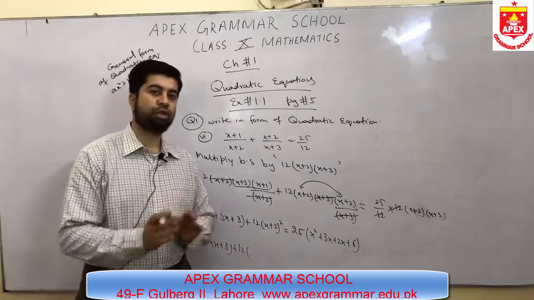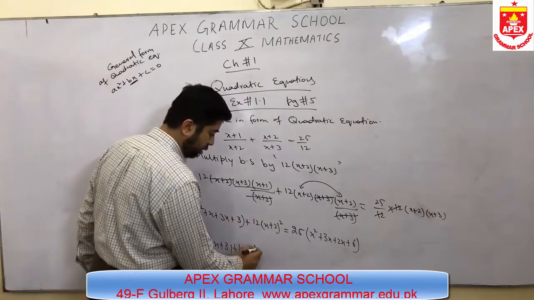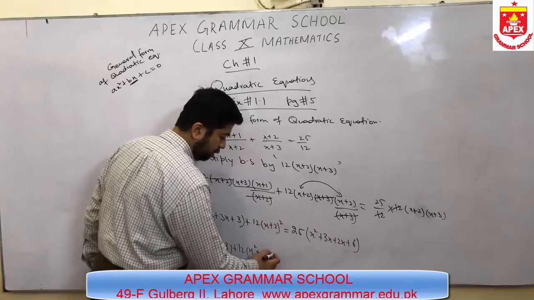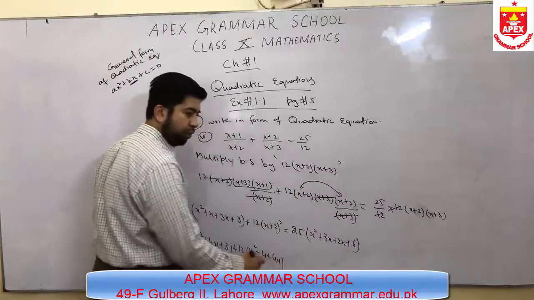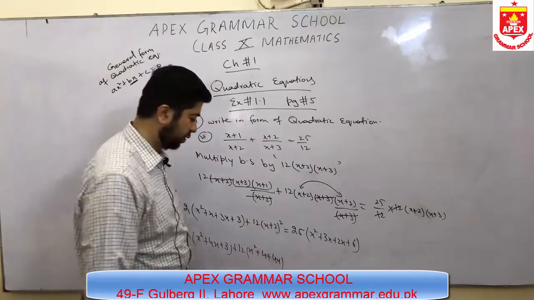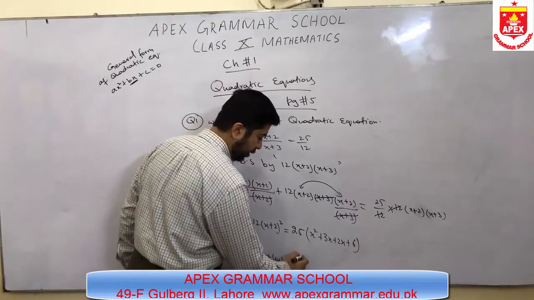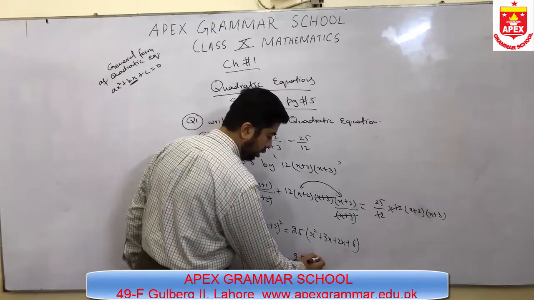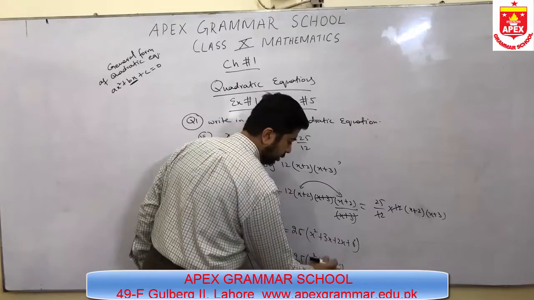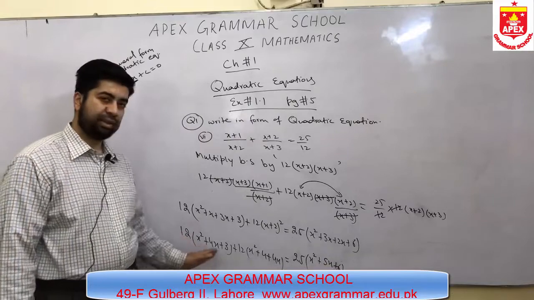You have to open this formula: a square plus b square plus 2ab, like x square plus 2 square, 4, plus 2 into 2 into x, 4x, is equal to 25 times x square plus 3x plus 2x, which is 5x, plus 6. You have to multiply 12 inside this one.